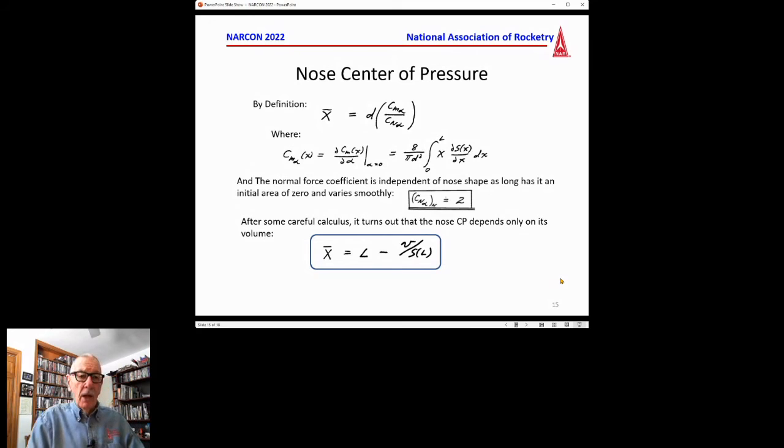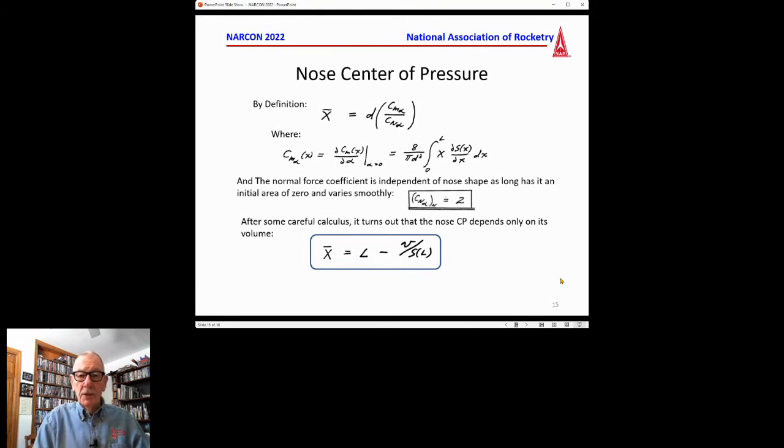The aerodynamic moment is the integral, that is the summing up of all the aerodynamic forces over the length of the rocket. And similarly, the normal force is summed up in exactly the same way as the Cn alpha.